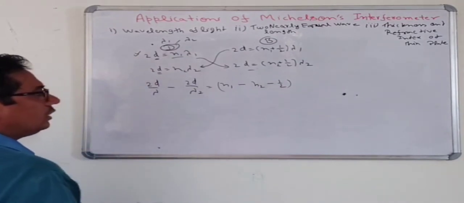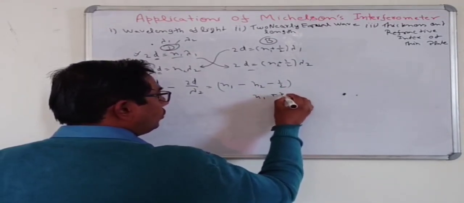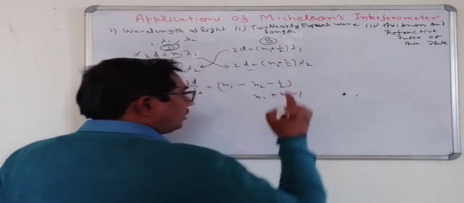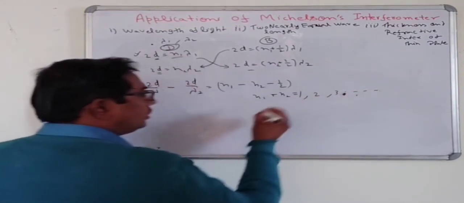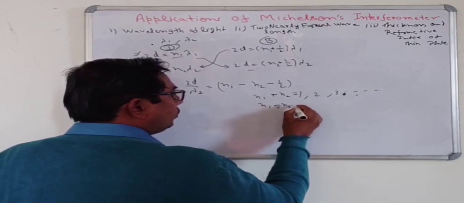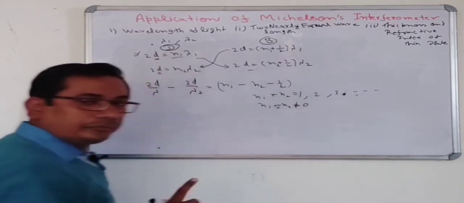Now lambda 1 minus lambda 2 is at least a minimum of 1, 2, 3 like that, because all of you know that n1 minus n2 never equals 0.